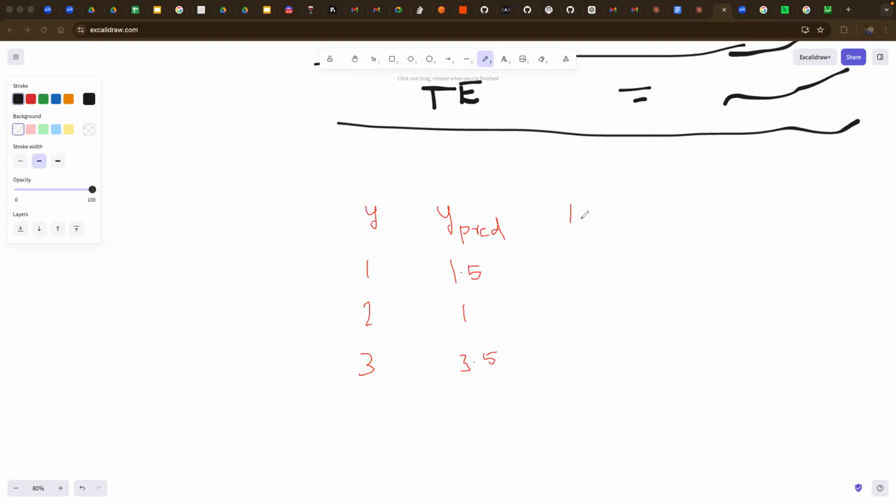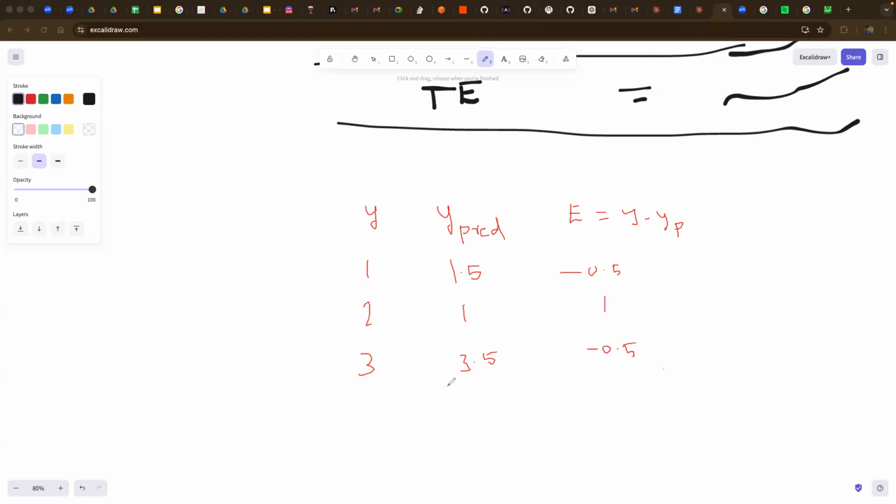So if you calculate the error for this particular scenario, error is what? Y minus y pred, right? 1 minus 1.5 is minus 0.5. And 2 minus 1 is 1. And 3 minus 3.5 is minus 0.5.